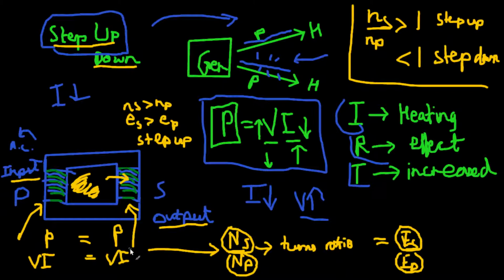So we can also say for an ideal transformer, EP into IP, sorry, I'm just trying to fit it in at the bottom, is equal to ES into IS. This is if your transformer is ideal.